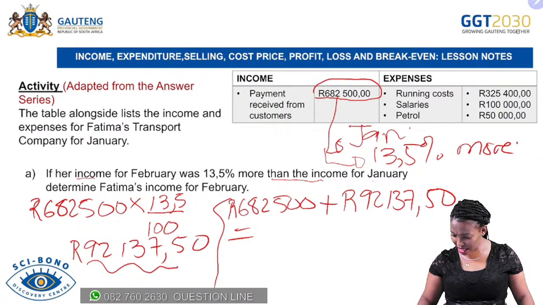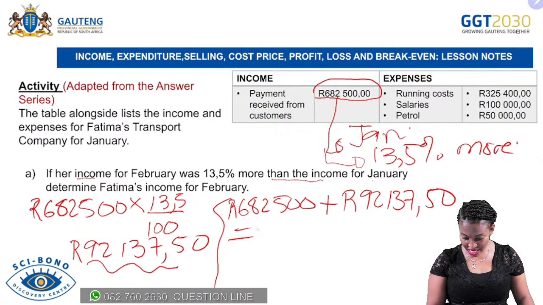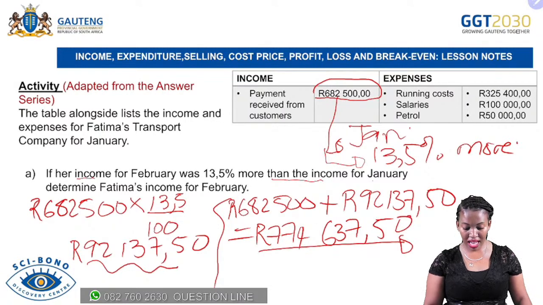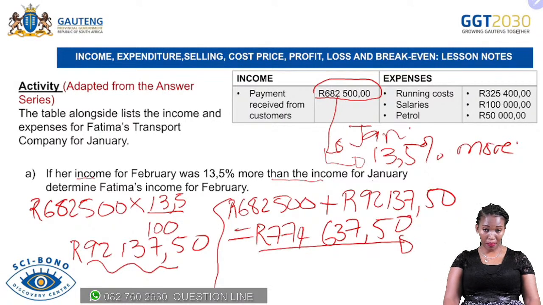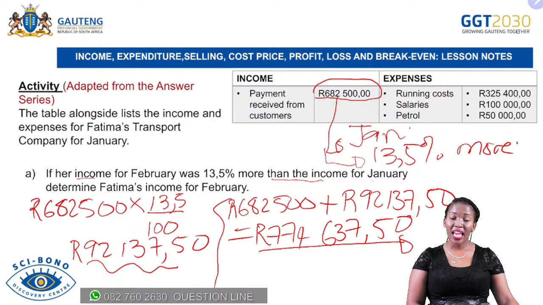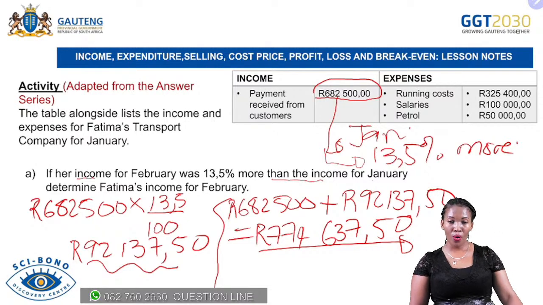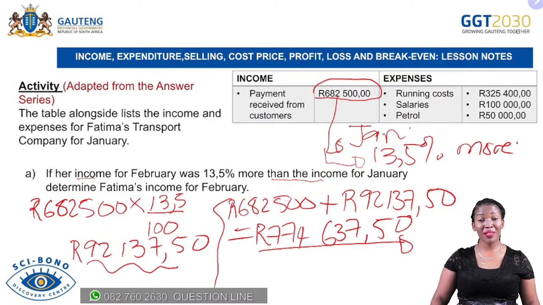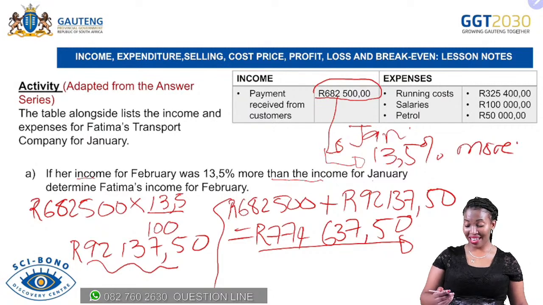And then the answer that I'm getting here is 774,637 and 50 cents. Then this means that this was the income that Fatima received at the end of February. Do we understand, guys? I hope we are following, because this is really just the basics, like working with your percentages. It's something that we all did when we were in grade 10.